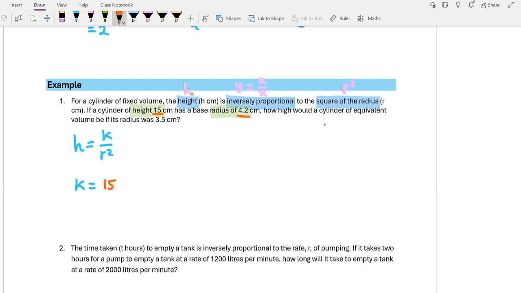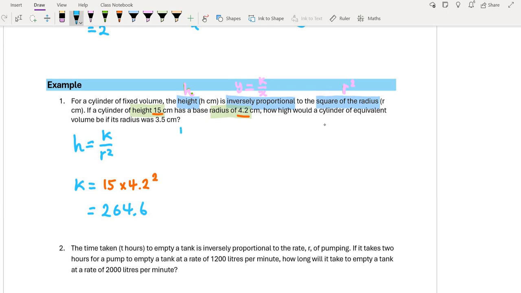So 15 times 4.2 squared, in this case, because we're squaring the radius, is going to be k. So k has to be 264.6.